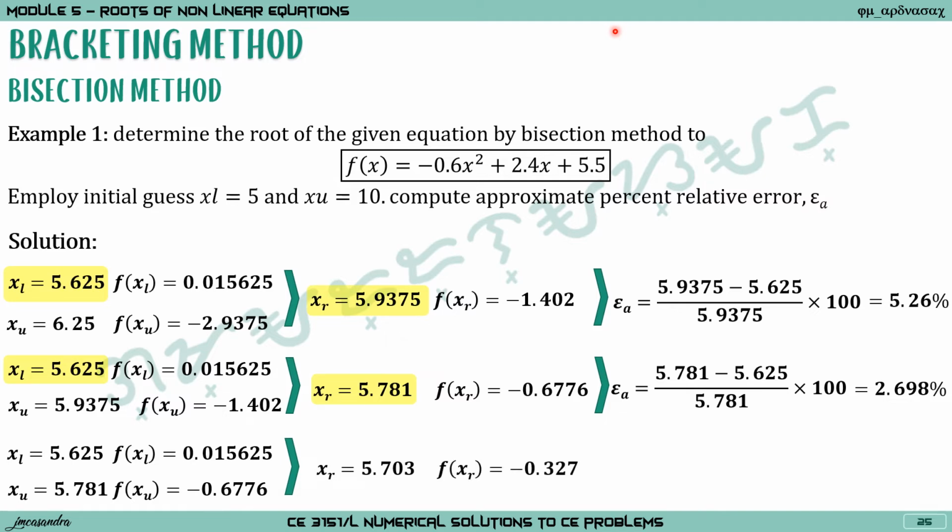Function of x is equal to negative 0.327. Computing now for e, we have 1.368%. So f of x is negative for x sub r, so we'll still use lower limit 5.625 and a new upper limit of 5.703.